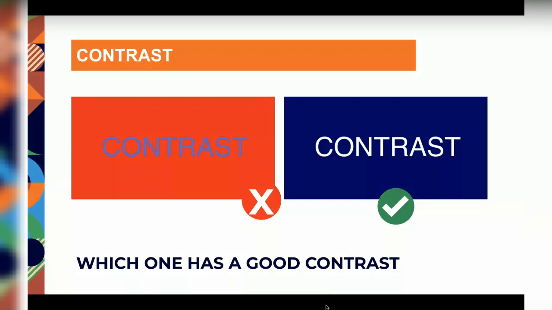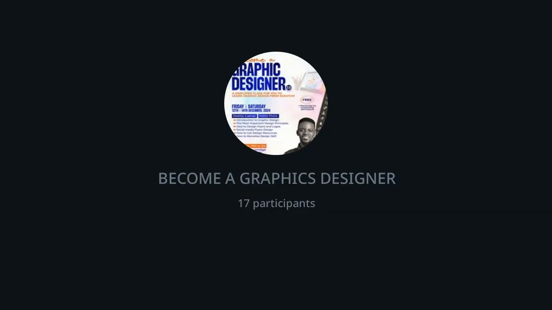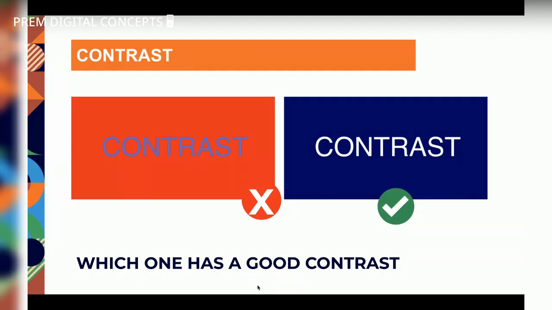Side B has a good contrast. If you look at them very well, with A you might be straining your eyes to read through the text, but if you look at B, your eyes are calm reading it. This is one thing that contrast is used to achieve.